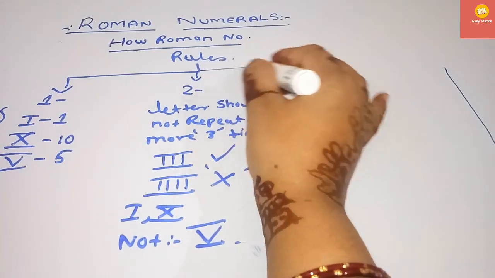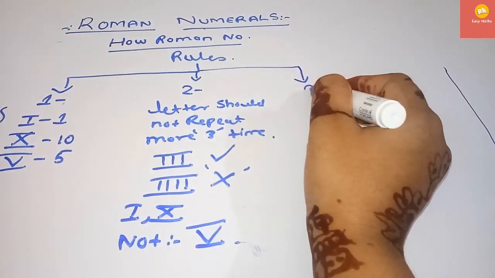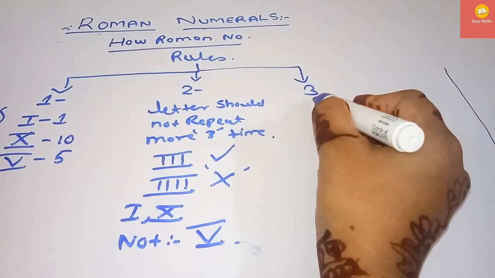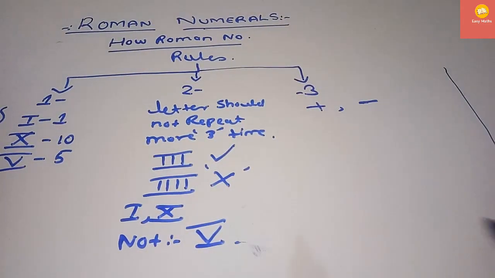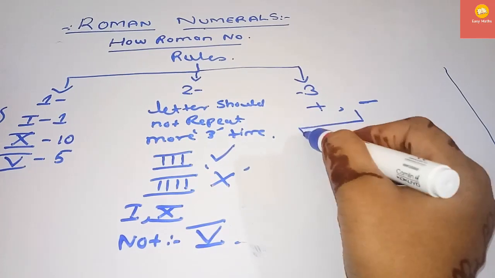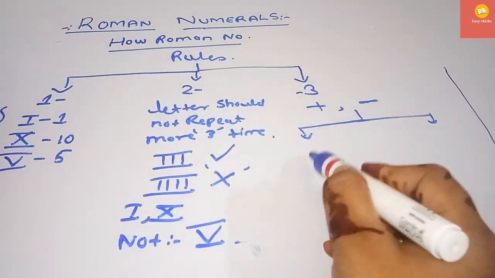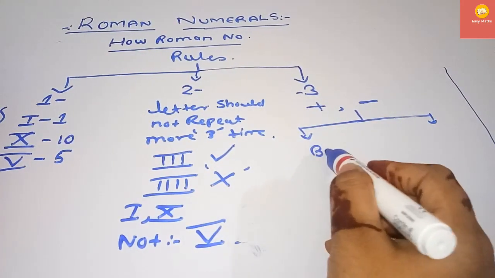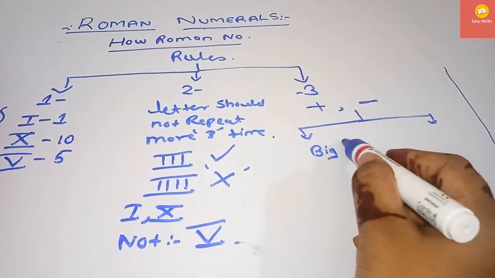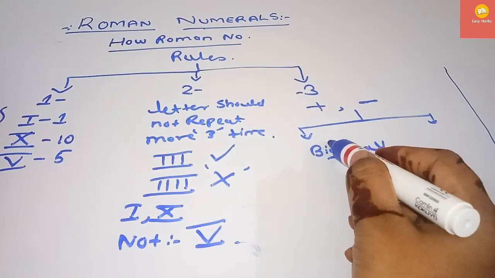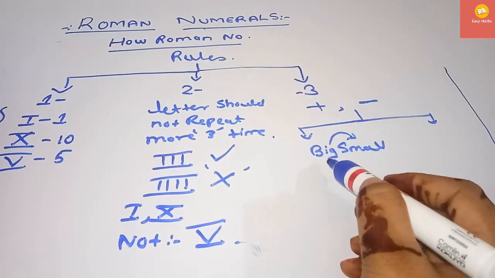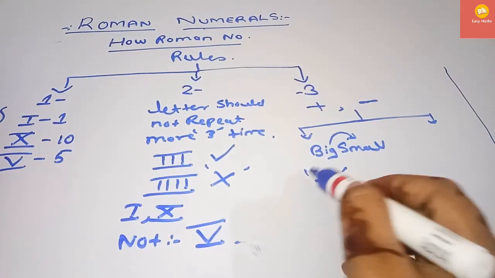Now what is rule number 3? Rule number 3 says addition and subtraction. When to do addition and when to do subtraction? Whenever there is a big number and a small number, if the small number appears on the right hand side of the big number, then we do addition.